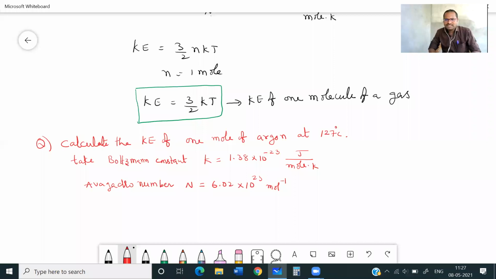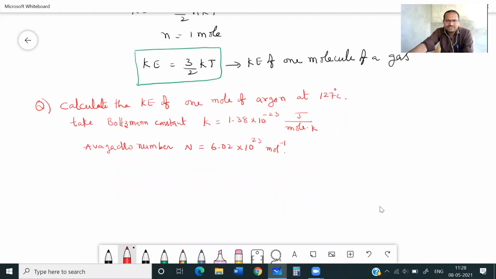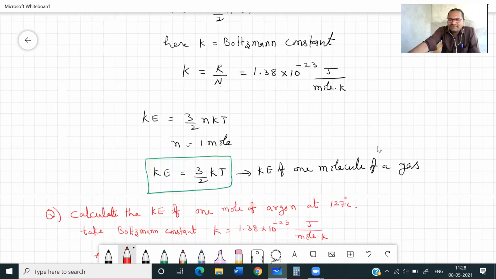What have they given? They are asking you to find the kinetic energy of 1 mole of a gas. How can you find it? Try to solve it. You can see the formulas I have given there. What is the formula I have written for the kinetic energy of 1 mole of a gas?